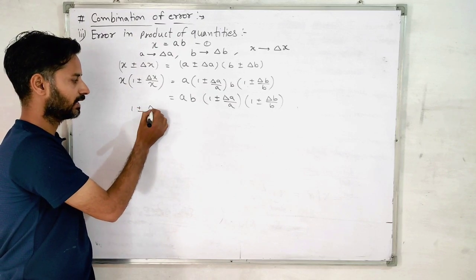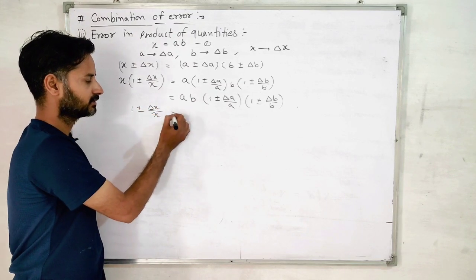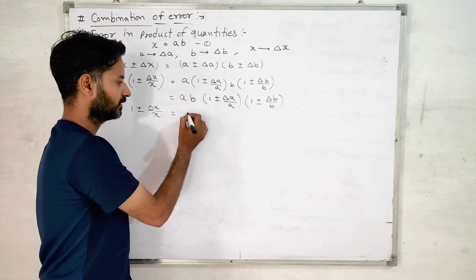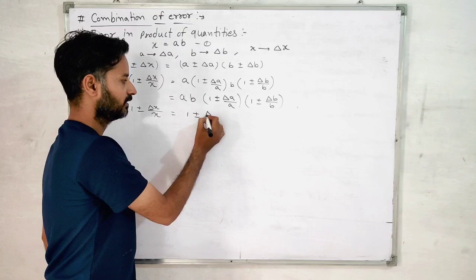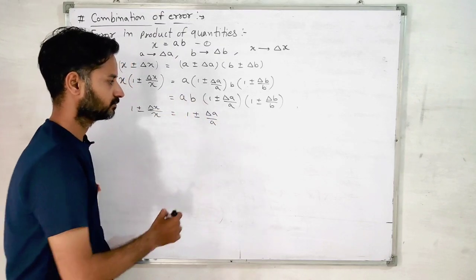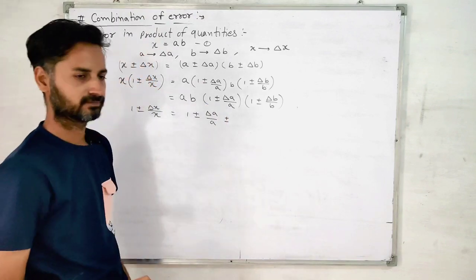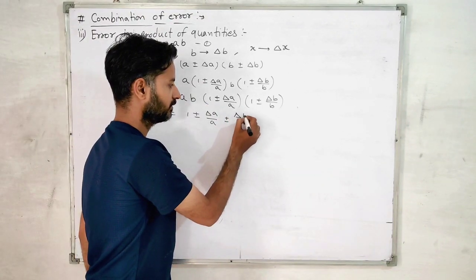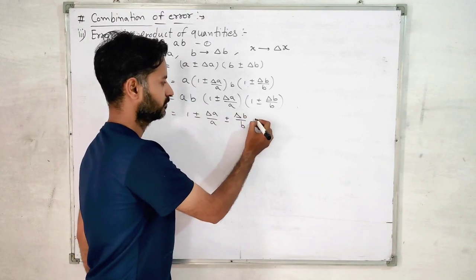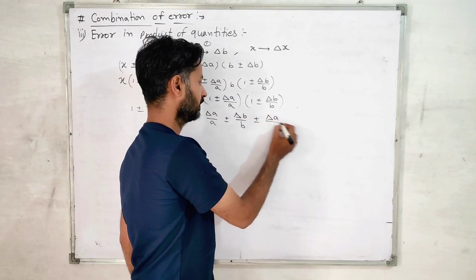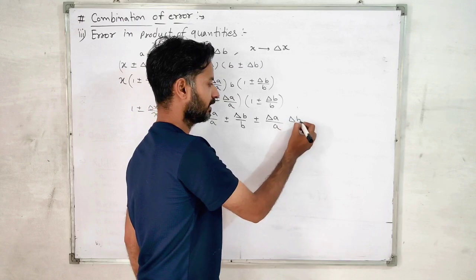So 1 plus minus del x divided by x equals, just open this box, multiply them, and we get 1 plus minus del a divided by a, plus minus del b divided by b, plus minus del a divided by a times del b divided by b.